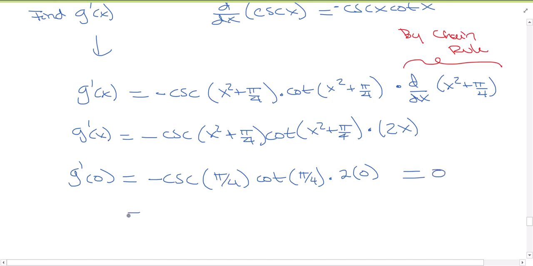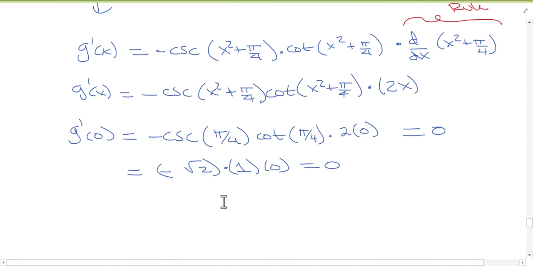Because when you find these values, the cosecant of pi over 4, what do you know about cosecant? Cosecant is the reciprocal of sine. So sine of pi over 4 is 1 over root 2. So cosecant of pi over 4 is going to be just root 2. So you're going to have negative root 2 times the cotangent of pi over 4, which is 1. And then you're going to have 2 times 0, which is 0. But everything here is being multiplied, so you just get 0.